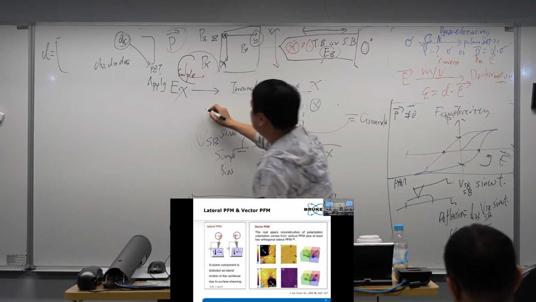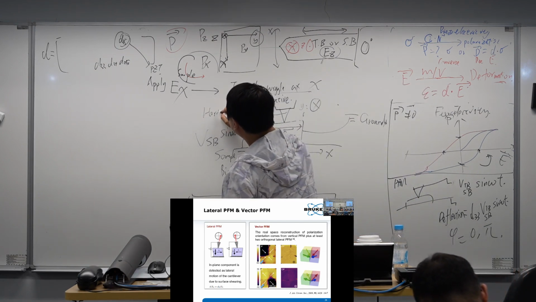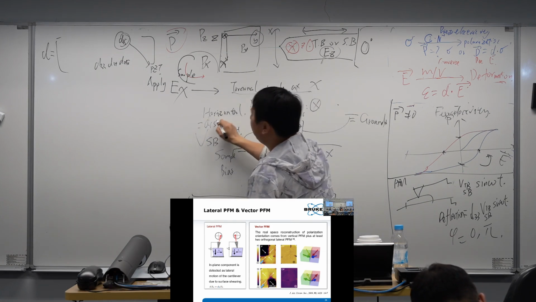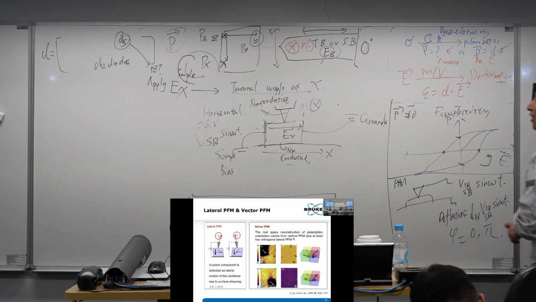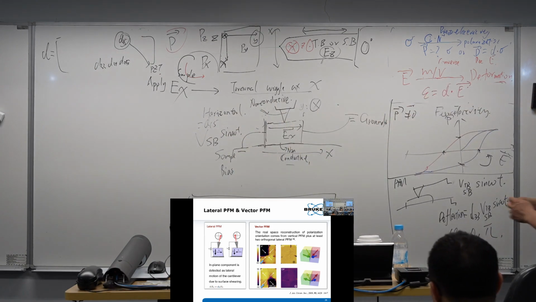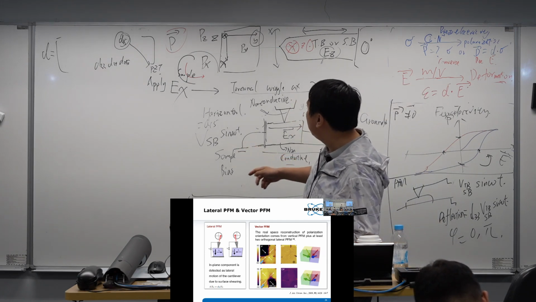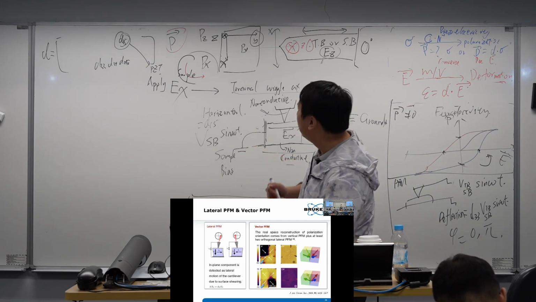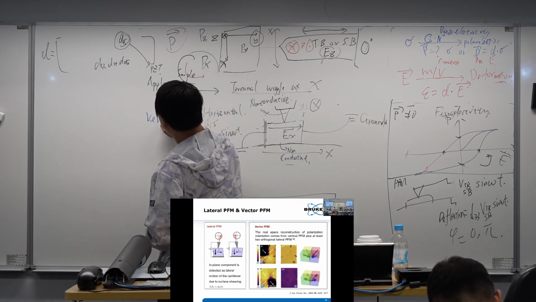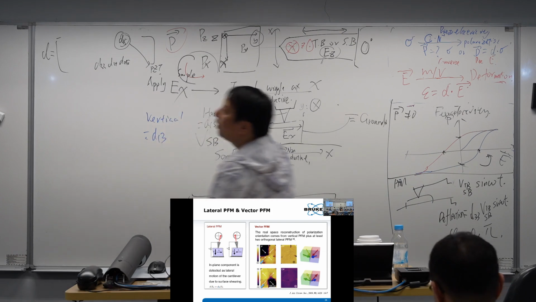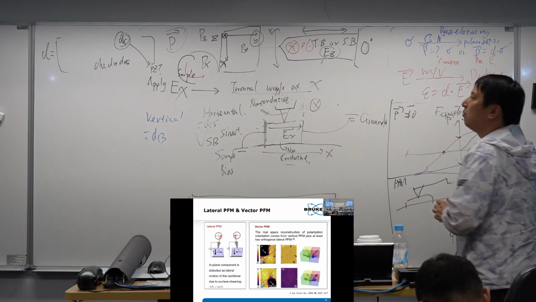So you detect the horizontal signal, which will be D15. That's the way to do it. Of course, in the same fashion, you can use the vertical signal to get the D13.